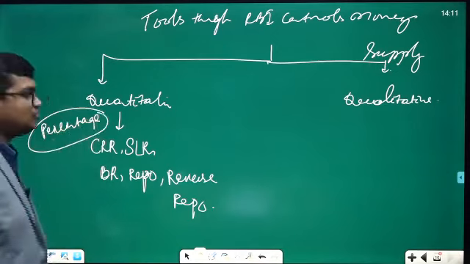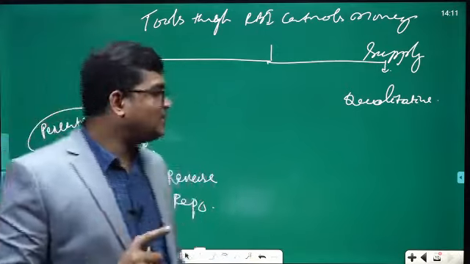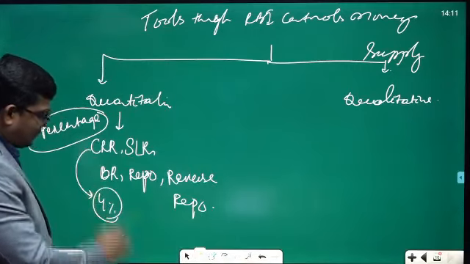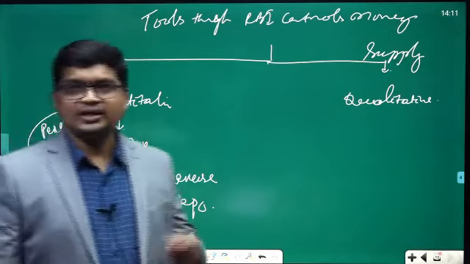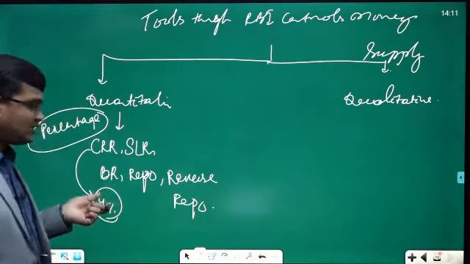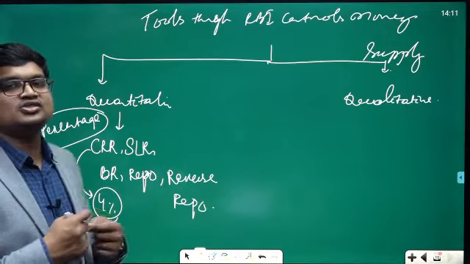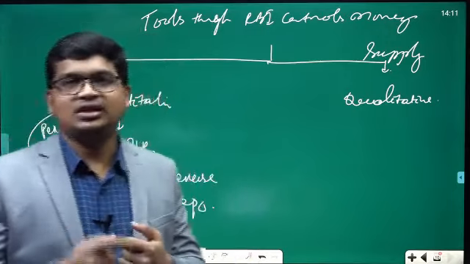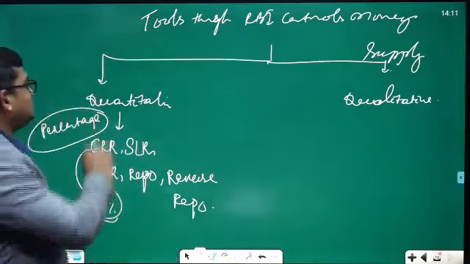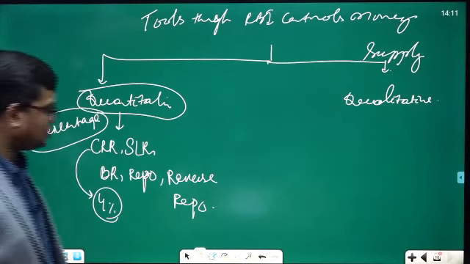So it helps to quantify the amount of money supply in the economy. For example, suppose CRR is 4%, prevailing in the current situation. CRR is at 4%. That means you are quantifying this tool of controlling money supply. So that's why this is known as quantitative monetary policy or quantitative tools.